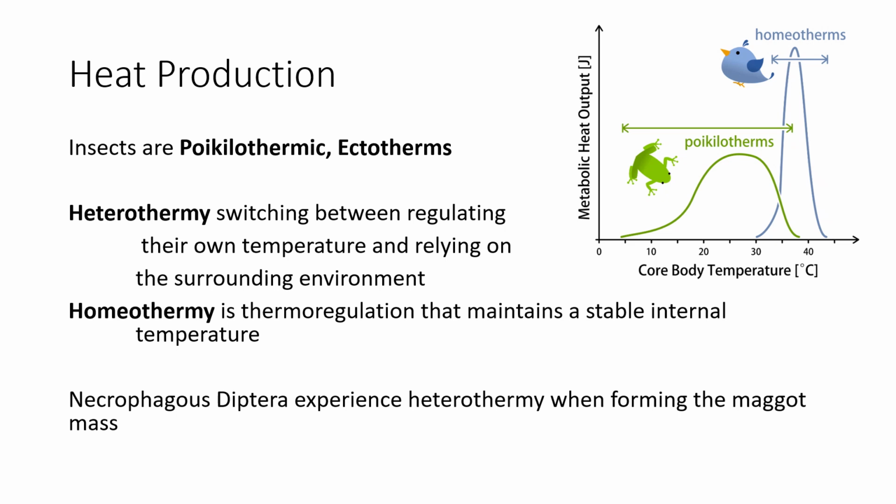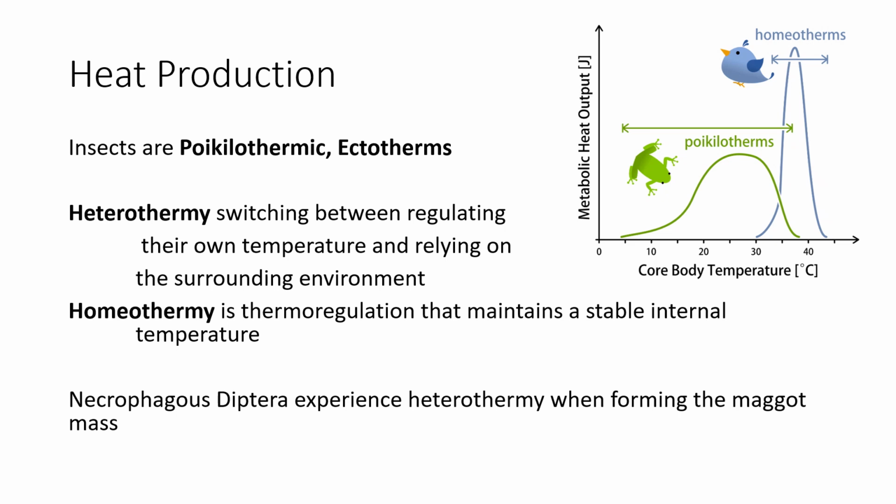So humans are homeothermic, endothermic, homeotherms, because we regulate our own temperature. We exist within a very specific temperature range, otherwise we die. And our temperature regulation is specifically internal only. So there is no switching to the surrounding environment as a reliance on temperature control.